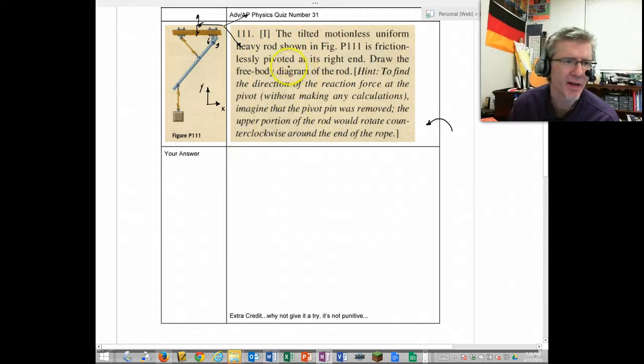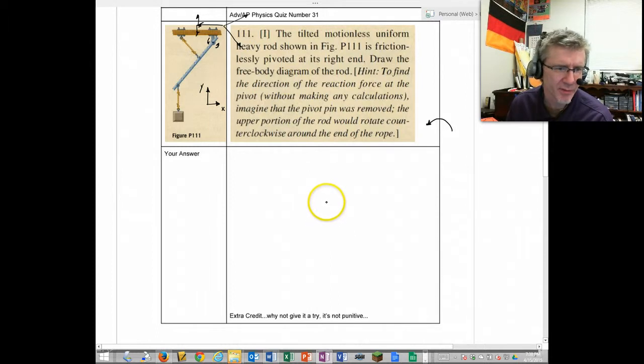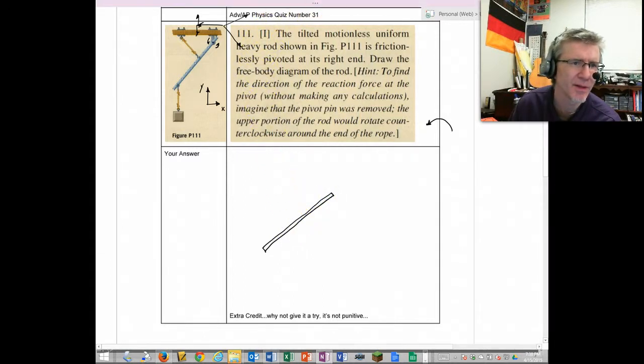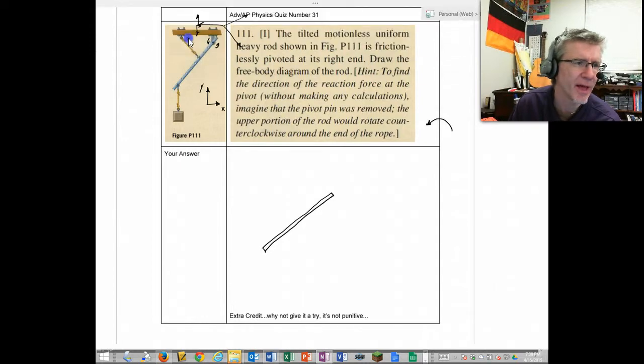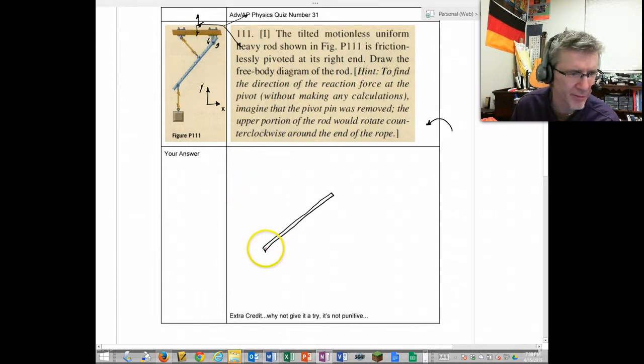But let's draw a free body diagram. So here's the rod. We're going to cut the rod free. All the forces on it we're going to delete here. You've got a force down here at the virtual end of the rod.